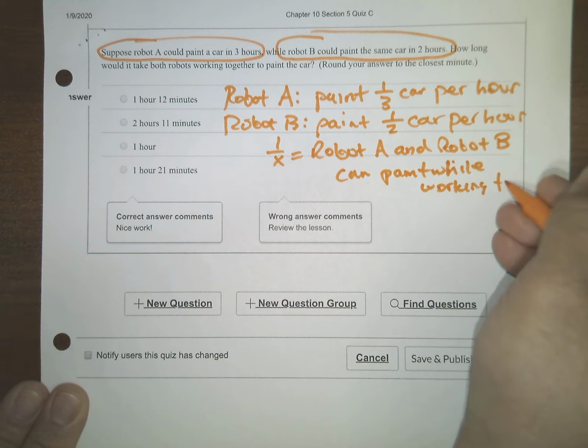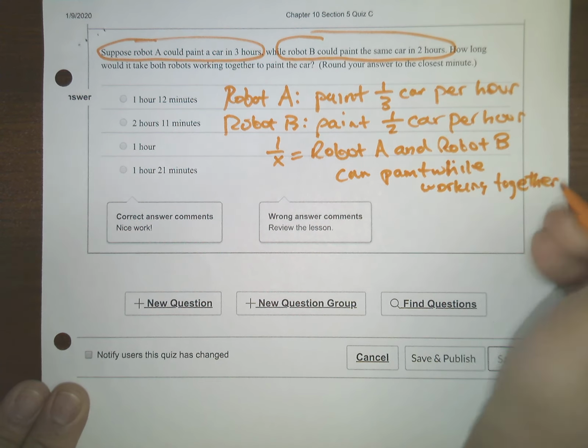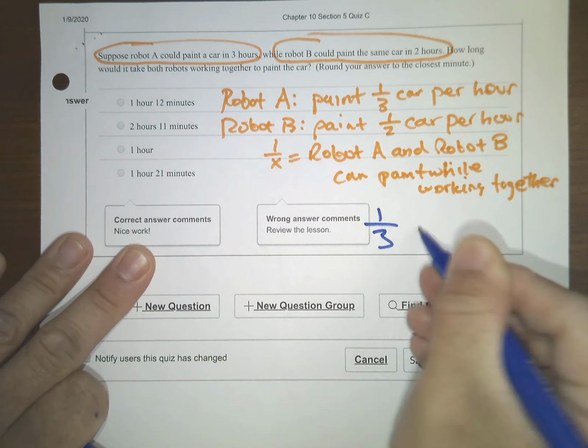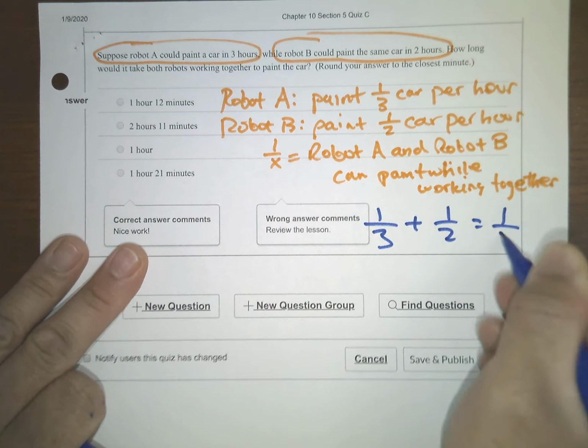Okay, so now let's go ahead and try to set up this equation here. So we have 1/3 plus 1/2 is equal to 1/x.